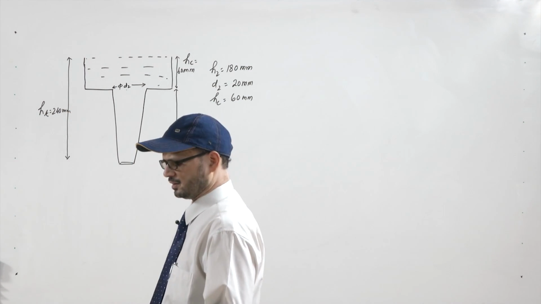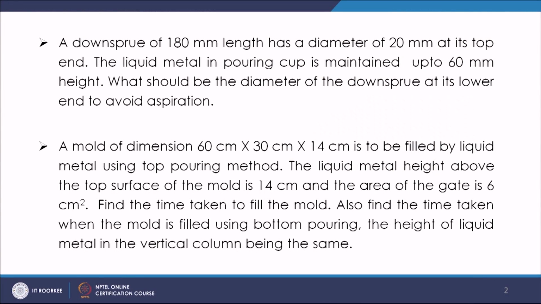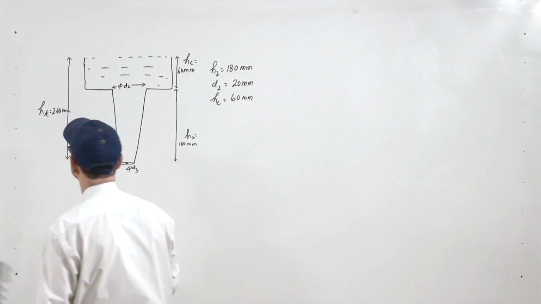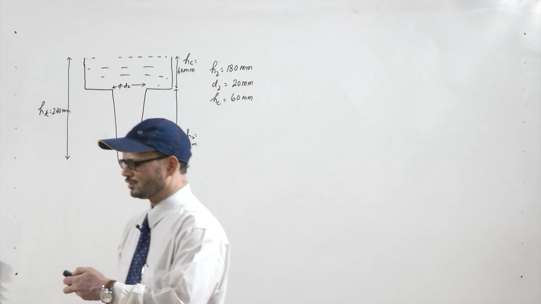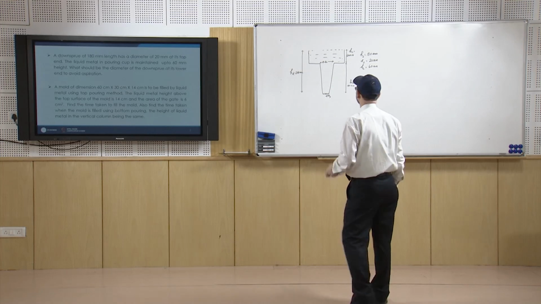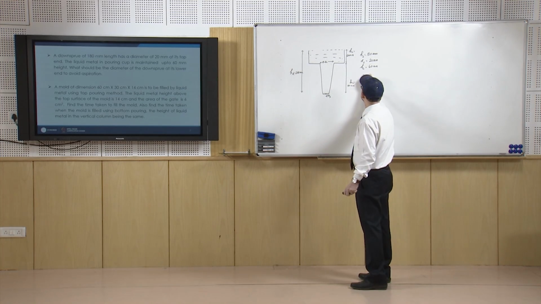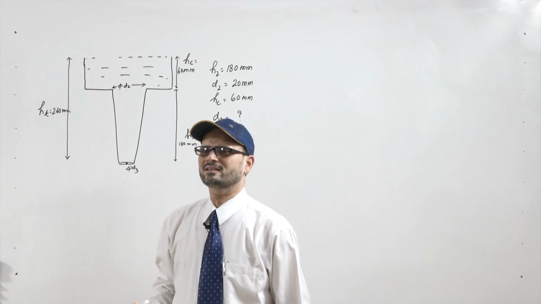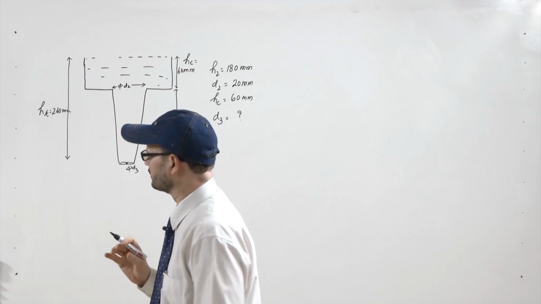Now, what they want is at this point, point 3, where the diameter is D3. What should be the diameter of the down sprue at its lower end? Here you need to find D3 so that there is no aspiration.